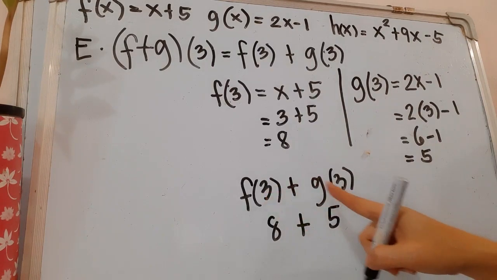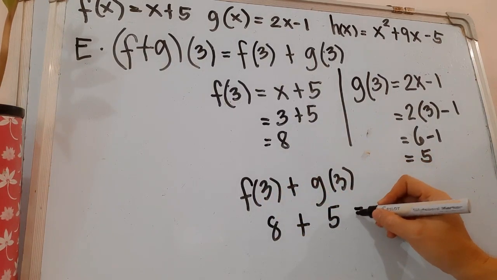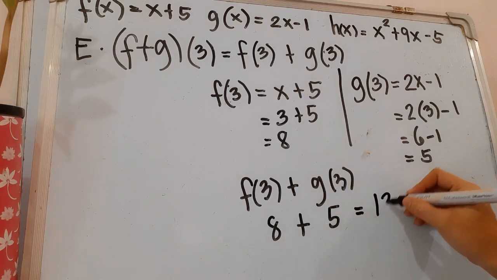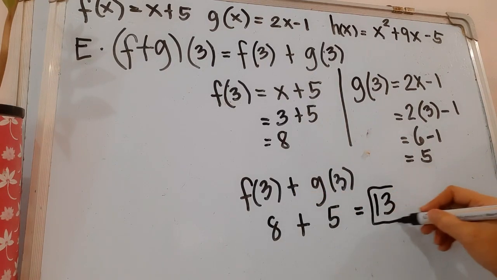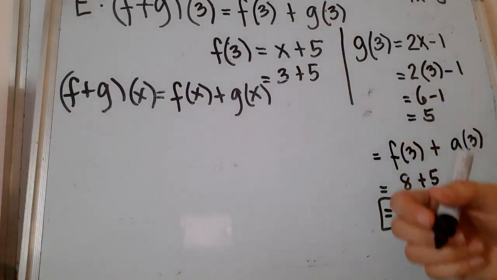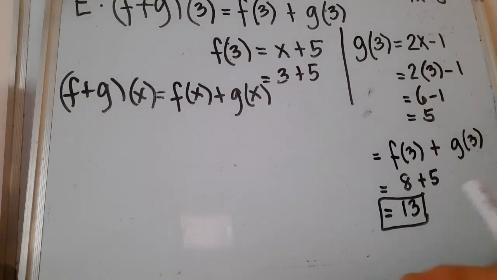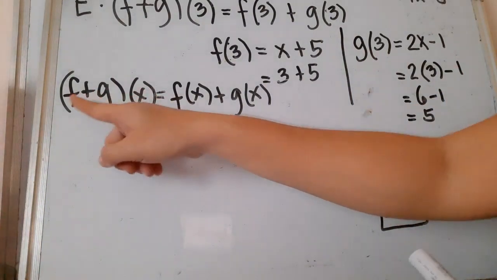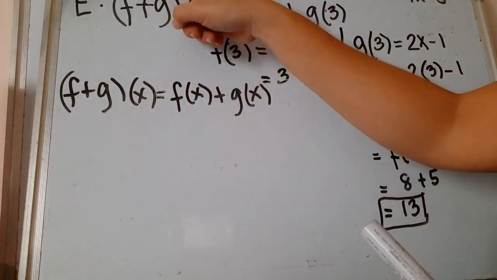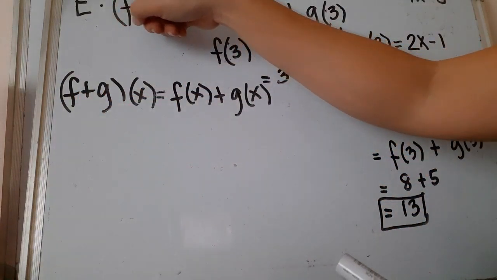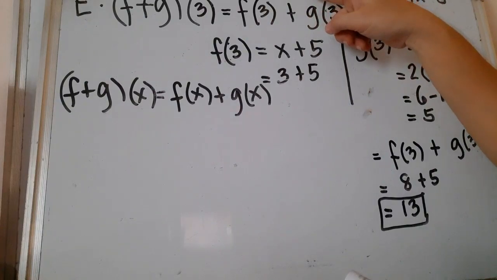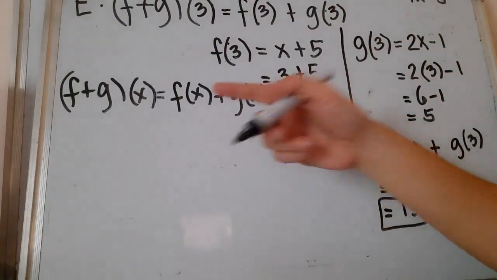Now, the sum of these two functions is equal to 13. The second option is that we are going to add first the two functions. The x plus 5, which is the value of f of x, and the 2x minus 1, which is the value of g of x.